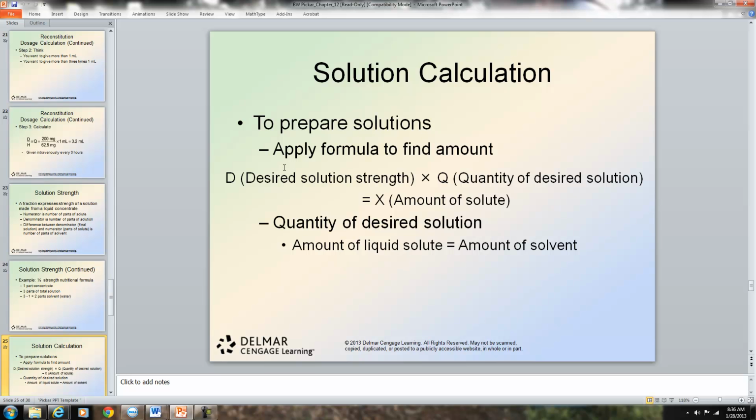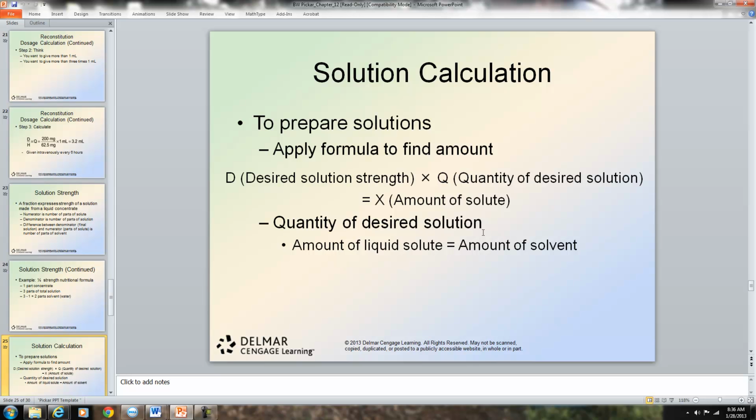To prepare solutions, we apply our same formula, where we take the desired strength times the quantity of the desired solution, and that will be the amount of solute.